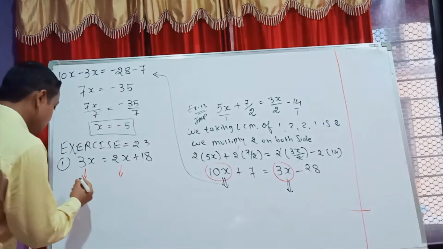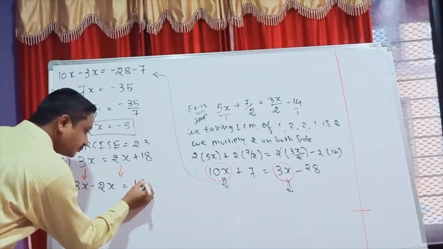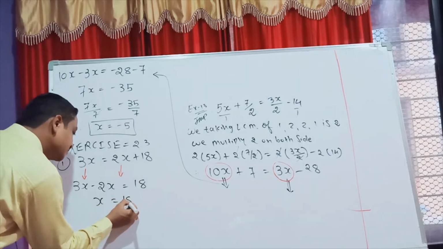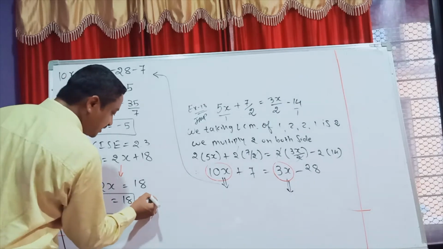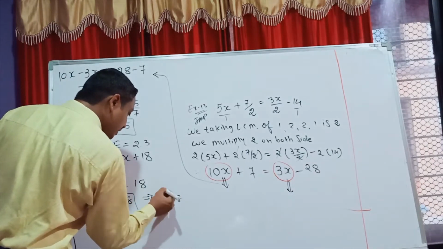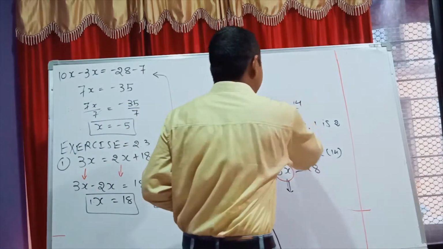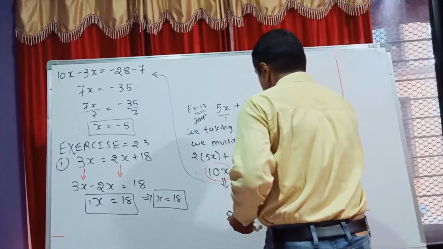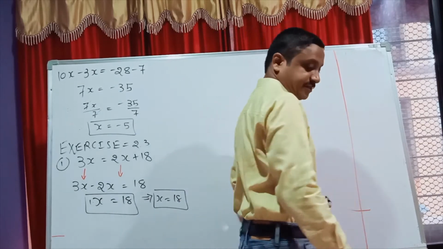So 3x minus 2x is equal to 18. How much? x, because 3x minus 2x is 1x, students. Indirectly it is x. So x is equal to 18. And that's your simple way. Our final answer, easily and happily done. Correct? Yes.